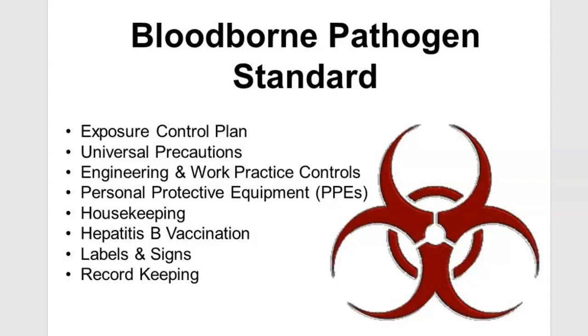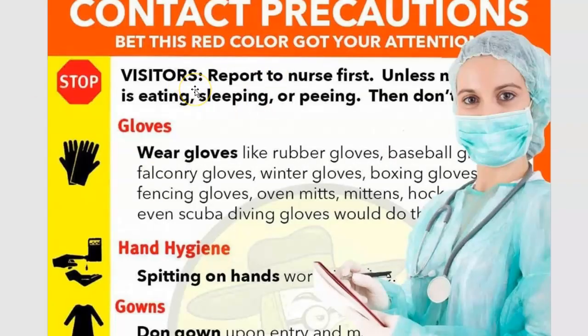For personal protective equipment, one of the areas you can see is different contact precautions. If a patient is infected with a disease, we will do contact precautions. So they are required to wear the mask, the hair bouffant, the gloves, and the gown. That's what's required in contact isolation.